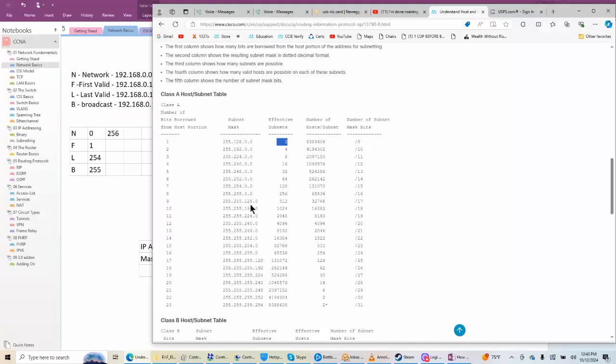This is the chart that I'm looking for. Let us look at this because we're looking for a 24-bit mask.